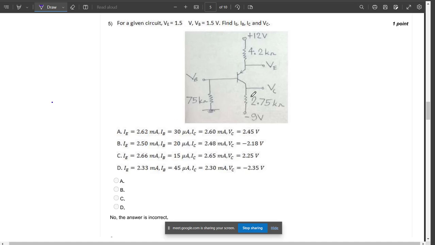Yes, correct. Okay, so solve. 2 more minutes. Ma'am, is VB just the potential there or is it an external voltage source? No, it's just a potential. Okay, thank you, ma'am. So VB is already given 1.5. So you can get IB, right? Yes, ma'am.